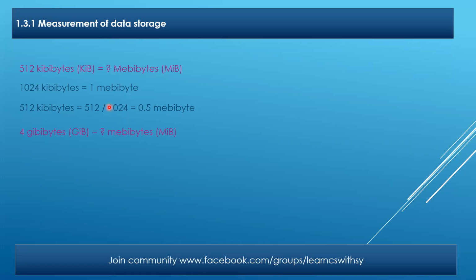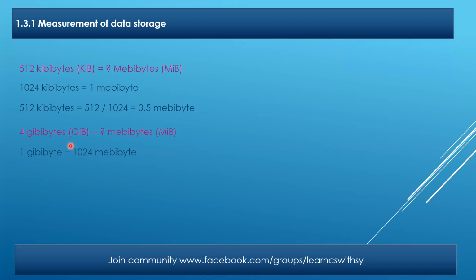Okay, now, next question. How many megabytes are there in 4 gigabytes? By the way, what will I do? Just one simple principle. 1 gigabyte equals 1024 megabytes. So how many megabytes will be equal to 4 gigabytes?